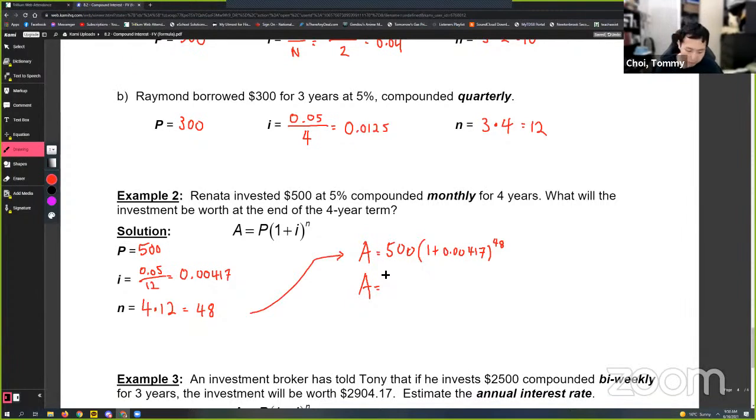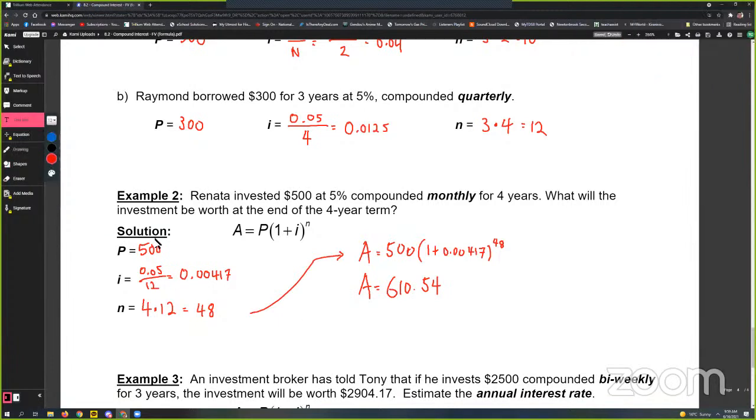And since it's to the power of 48, you better be using a calculator. I don't think you can calculate that in your head. I definitely can't. I'm not a calculator myself. So I'm going to be using my phone calculator here. So to the power of 48 times 500. And I get $610.54.